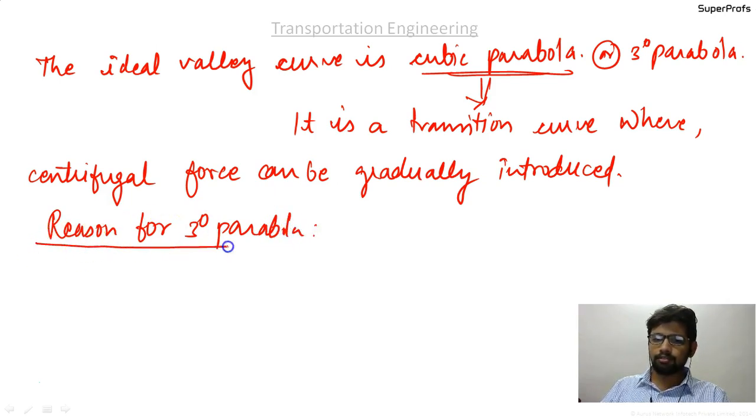Since we can introduce the centrifugal force gradually on this transition curve, that is 3-degree parabola, the ideal valley curve is considered to be a 3-degree parabola.